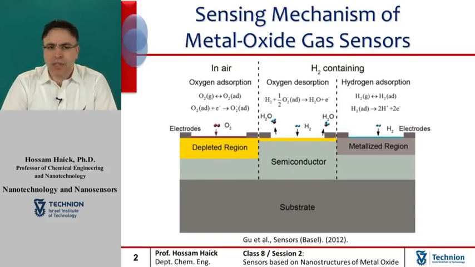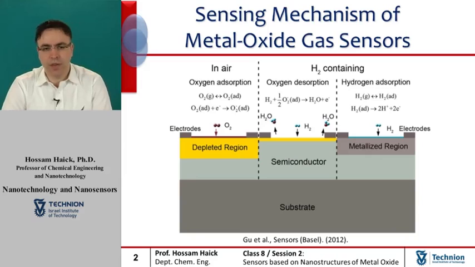It's widely accepted nowadays that the gas sensing mechanism of semiconducting metal oxide gas sensors arises from gas adsorption phenomena that lead to charge transfer between the sensing layer and the surface adsorbents such as oxygen adions.